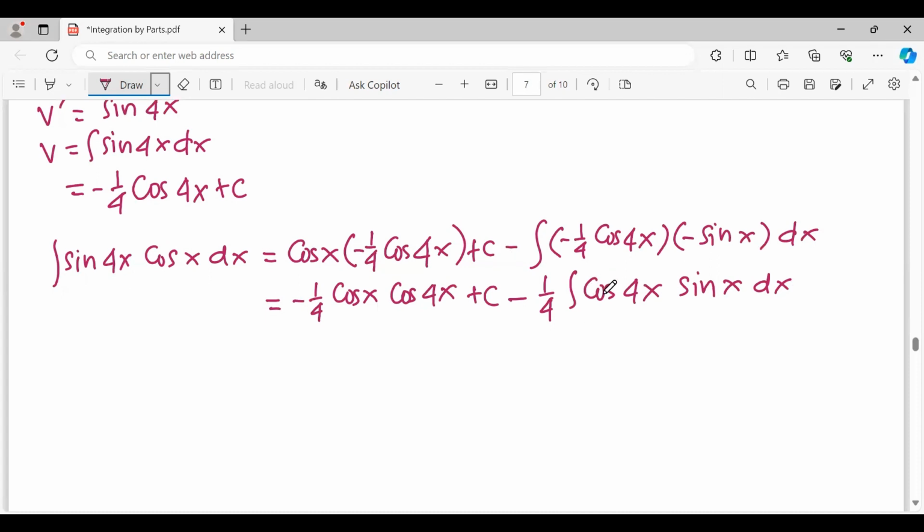Right. I'm going to create another integration by parts.